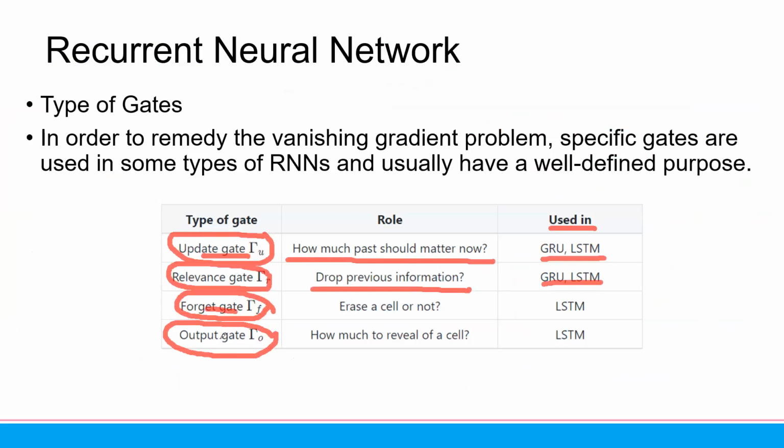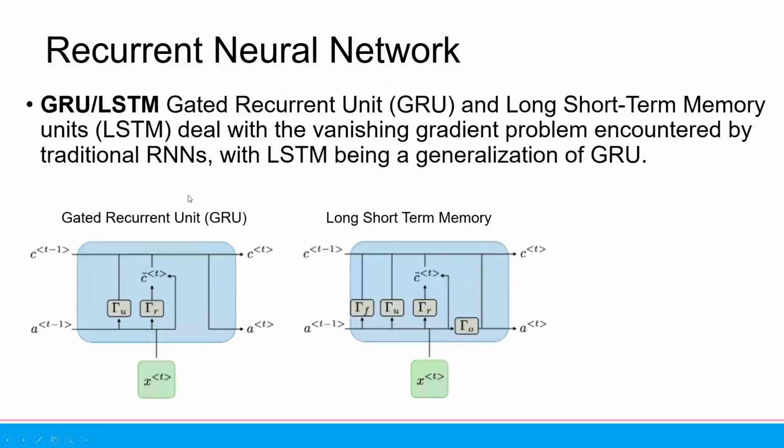But the other two, the forget gate and the output gate, are only in the LSTM. The forget gate means whether it will erase the cell or not, and the output gate is how much to reveal of a cell. You can look at the symbols U, R, F, and O. If I look back to this architecture, U means the update gate.